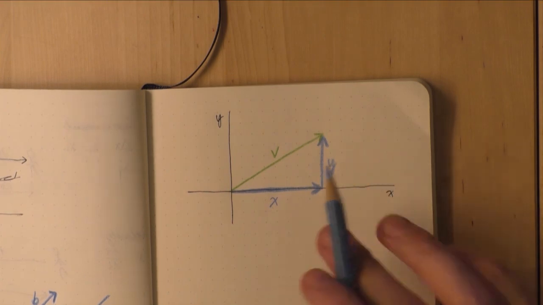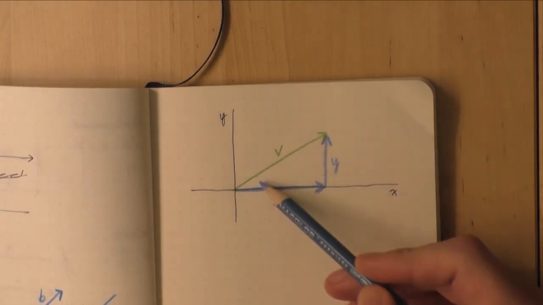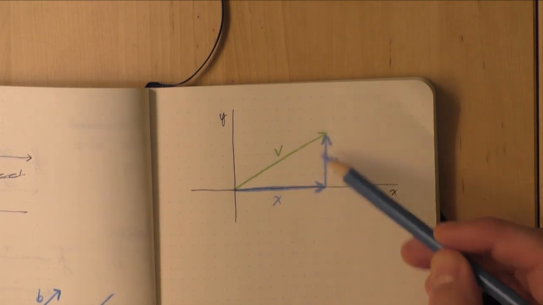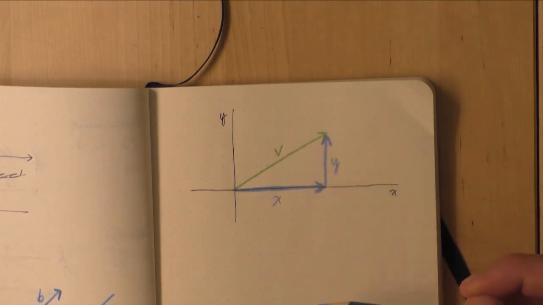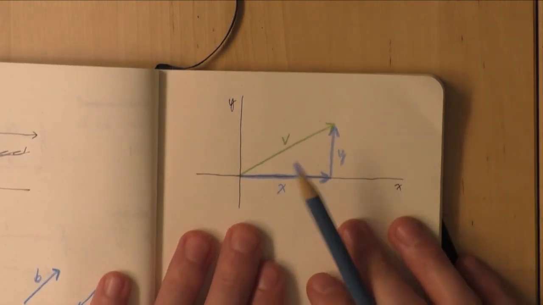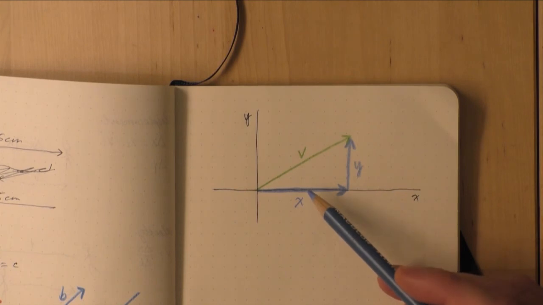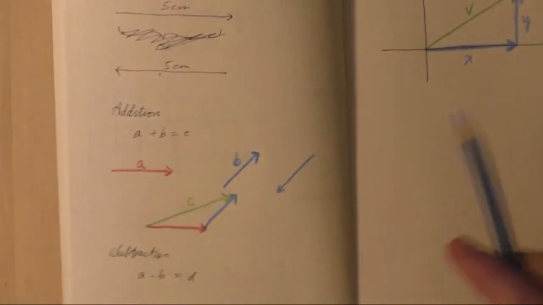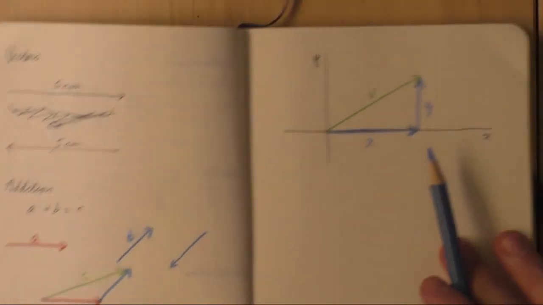So this process is just about taking something complicated and replacing it with two easier things. I hope it's somewhat clear to you that x plus y here is equal to v with the vector addition that we learned just now.